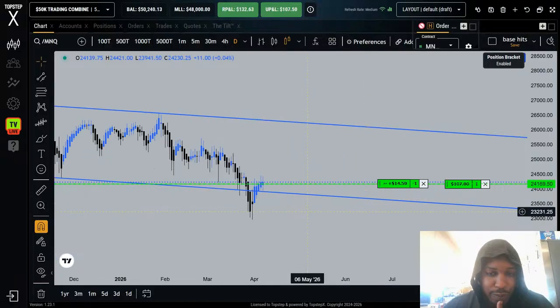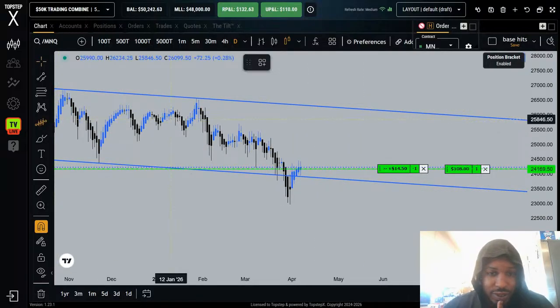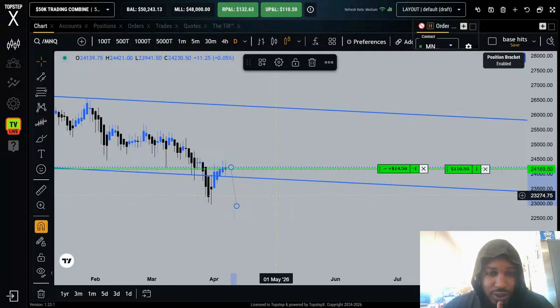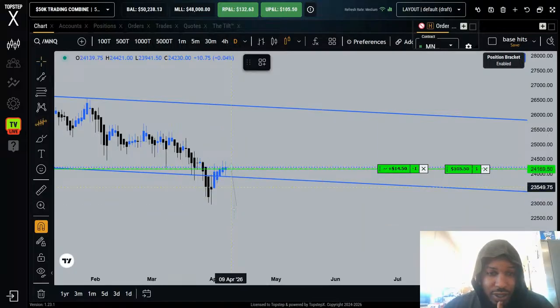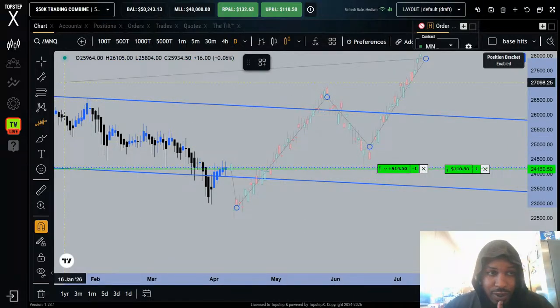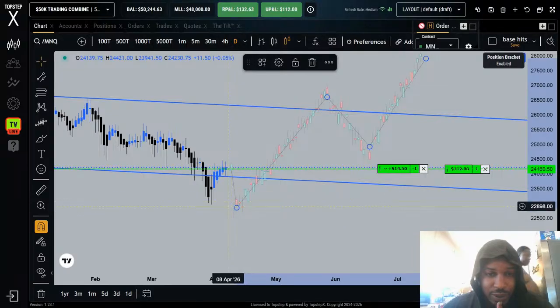So my only opposing thought is that we would continue back to the bottom to take out these longs, puke out those longs, and then we would come back up here, like right here, then come back down, then go back up. This is kind of what I'm thinking.